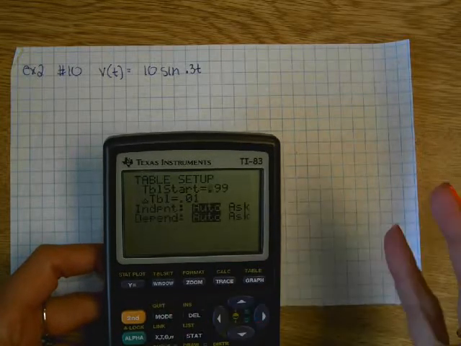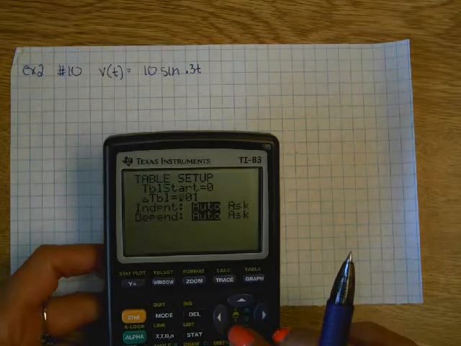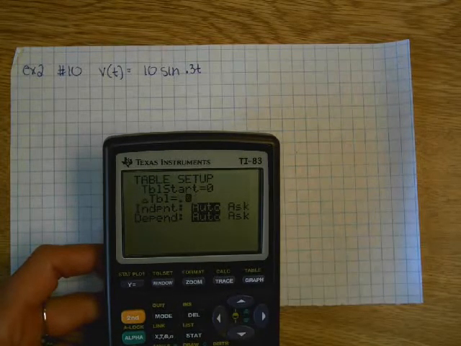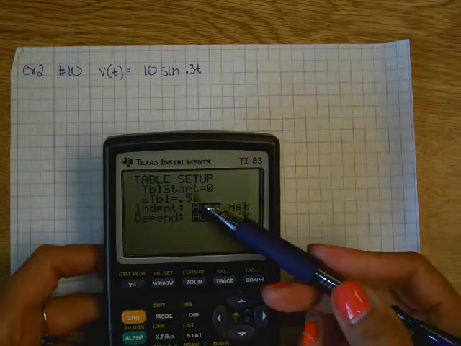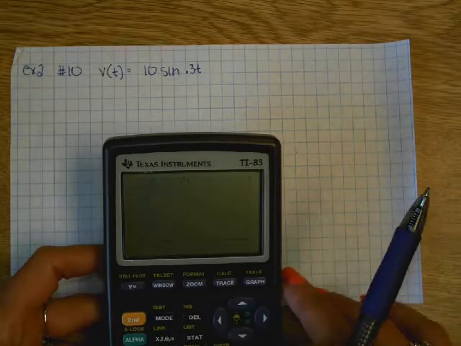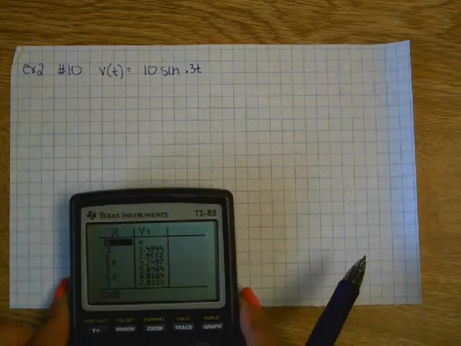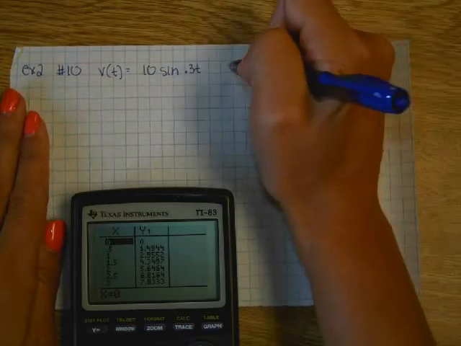Table set. I know this is going to start at time 0, and it's going out to 4 seconds. I'm going to go by every half second. You get to set that. Okay, so table. Okay, so I'll copy this down.